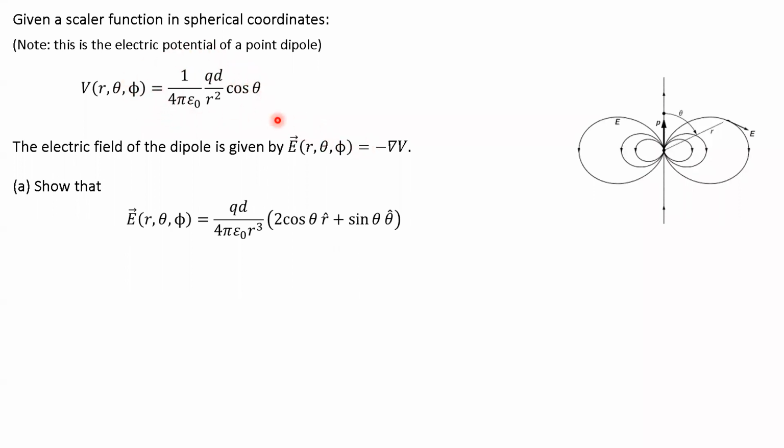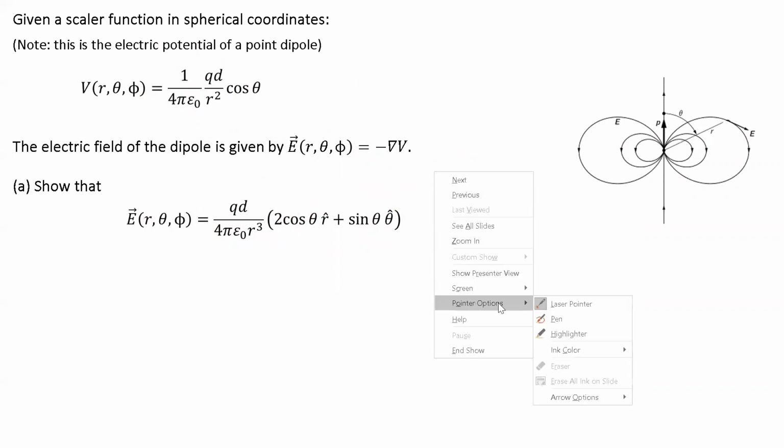It doesn't matter whether you know that this is actually the potential function of this dipole. So take the gradient, and then you show that the minus of the gradient is written like this. Everything is expressed in spherical coordinates. Let me write down the answer.